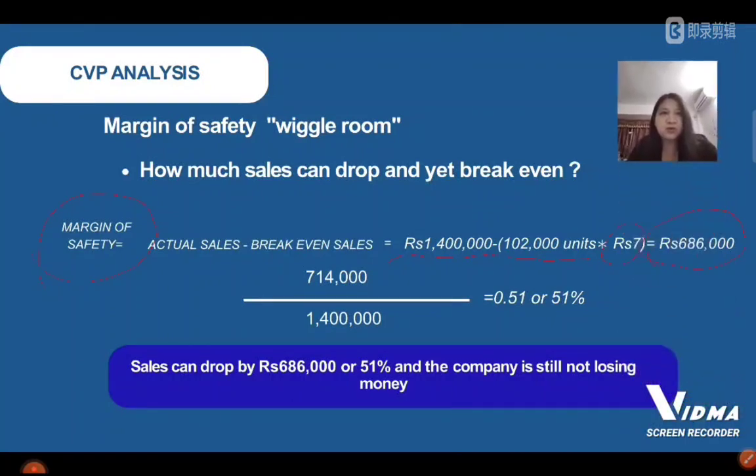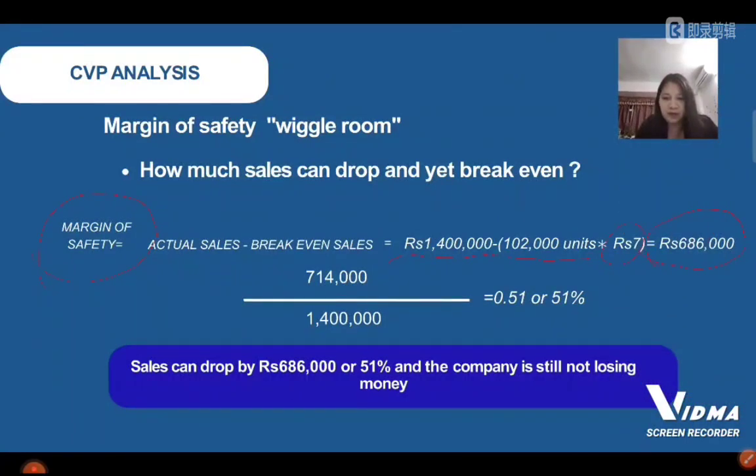Or you could also calculate it as a percentage. So you have our break-even sales, 714,000 rupees, divided by our actual sales, 1.4 million rupees, which would be equal to 51%. Now, what does 686,000 rupees and 51% represent?